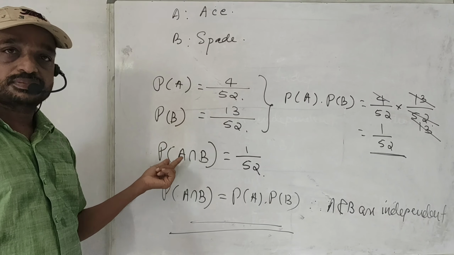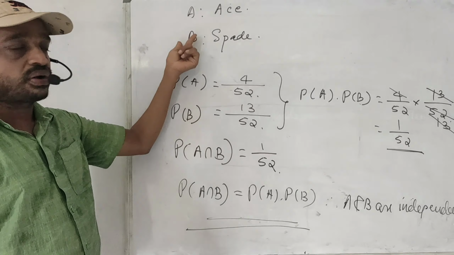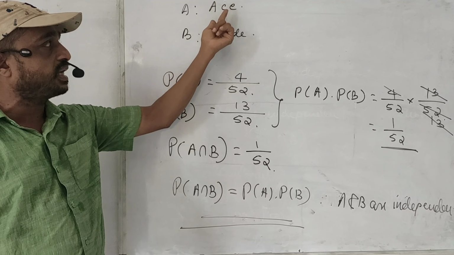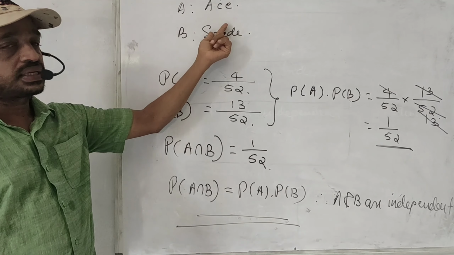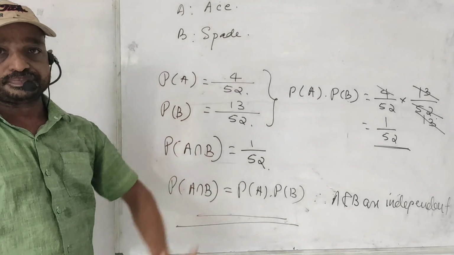It is probability of happening both the events A and B. That means these two events should happen simultaneously, or the card drawn should be both ace and spade, or in other words, the card drawn should be an ace of spade.